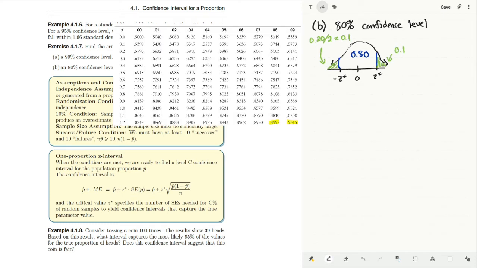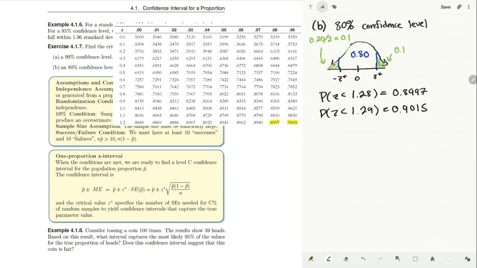Looking up the two closest values in the table gives us 0.8997 and 0.9015. So the area to the left of 1.28 is 0.8997, and the area to the left of 1.29 is 0.9015.